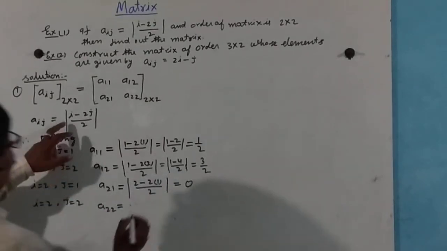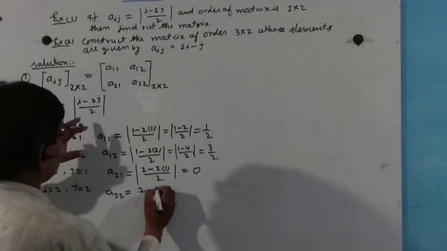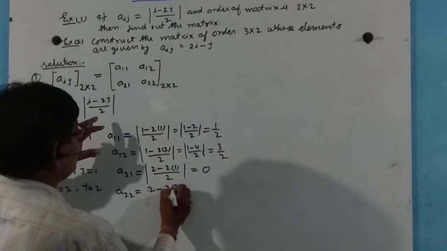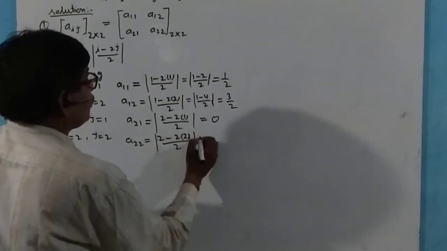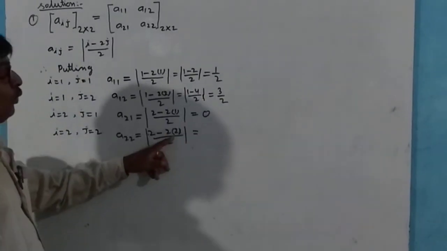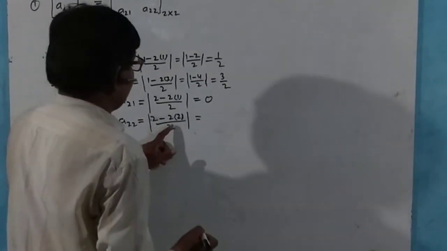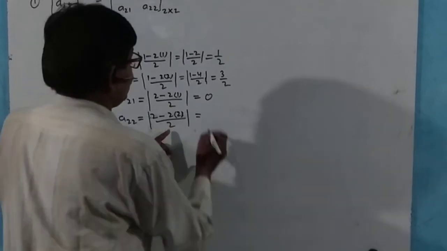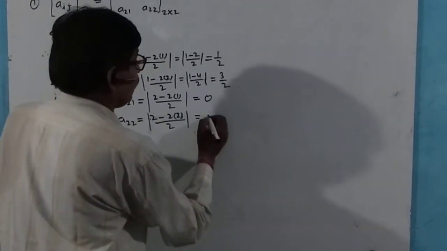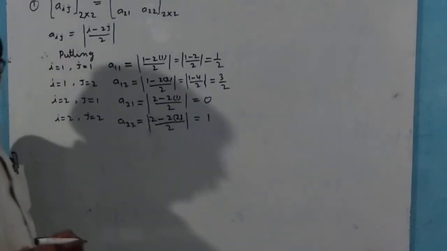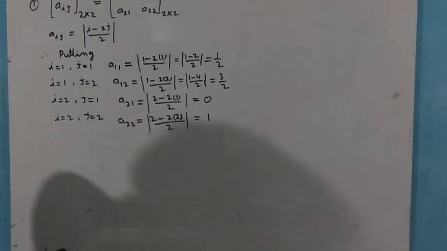It means that I equal to 2 minus 2 into 2 divided by 2, mod of this, so that 2 into 2 is 4, 2 minus 4 is minus 2 by 2. It means that minus 2 by 2, this is equal to 1, so that mod of this is equal to 1.